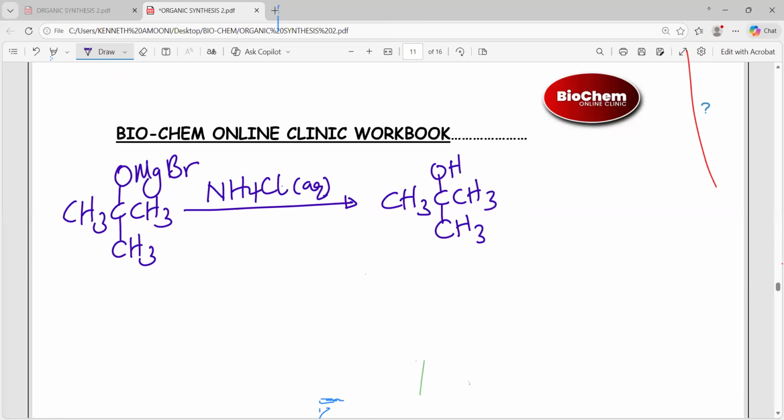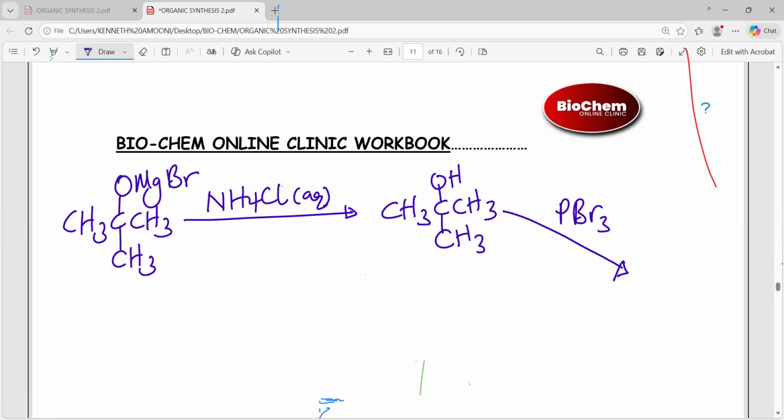So after forming your tertiary alcohol, you can halogenate that alcohol. The easiest is by using PBr5. Phosphorus, you can use that, or another person can decide to use PCl5.